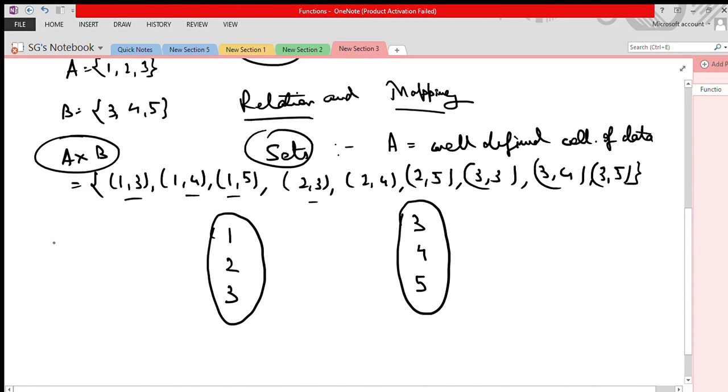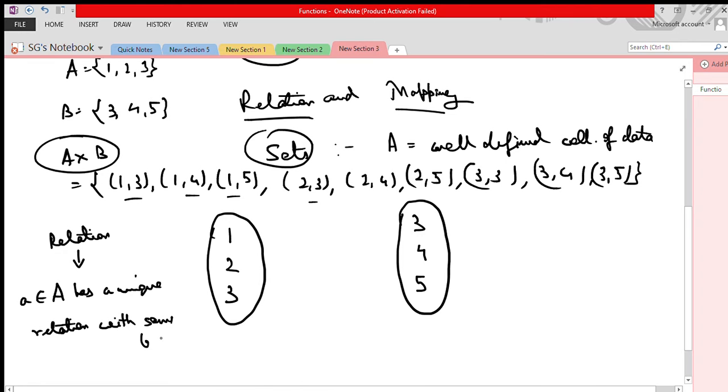Now we are asked to define a relation such that every element a belonging to capital A has a unique relation with some element b belonging to capital B. That is, one element of this particular set A has a relation which is unique for that particular element, and the relation is with some element of B. So let's say that A is in some way related to B.